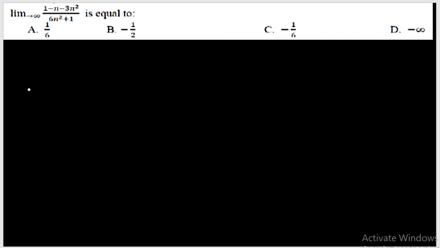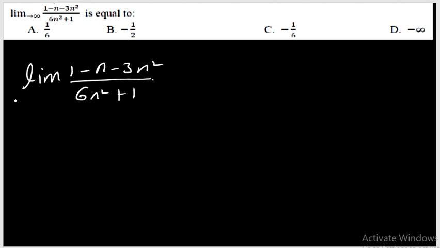So what to do? The same as the first question, the limit of 1 minus n minus 3n square the whole over 6n square plus 1 as n goes to infinity. So in case of limit at infinity, what to do? We'll divide by the highest degree of the variable.